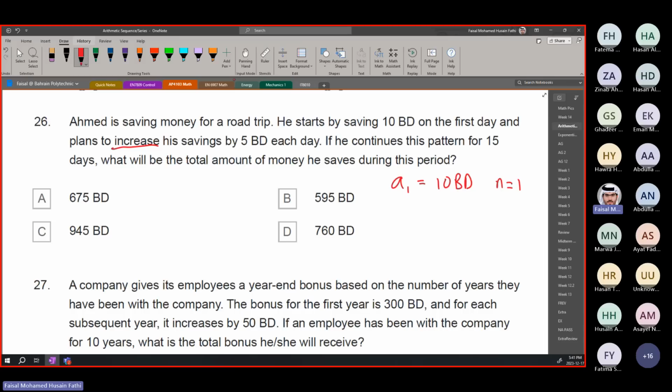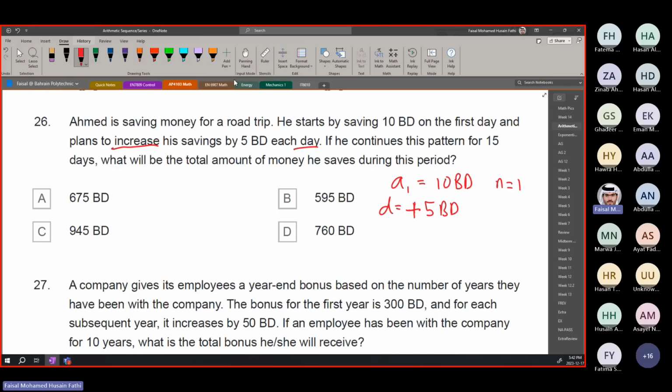Increase means going up, and going up means plus. So we're going to be using plus. His savings by 5 BD, so plus 5 BD, each day. What is this? This is our common difference. It's plus 5 BD, because he's increasing it every day.